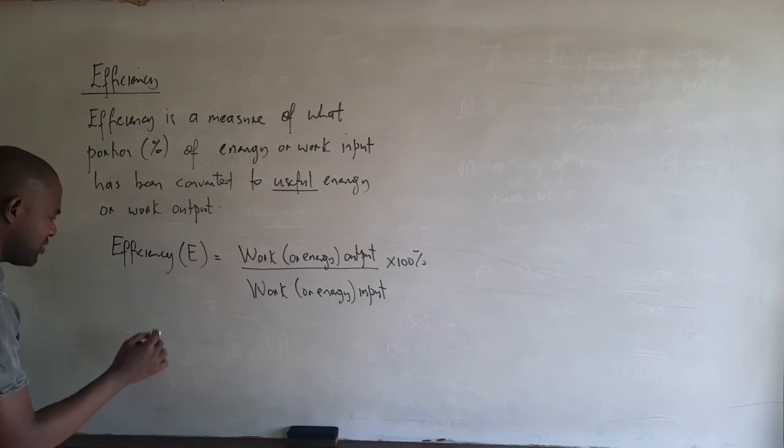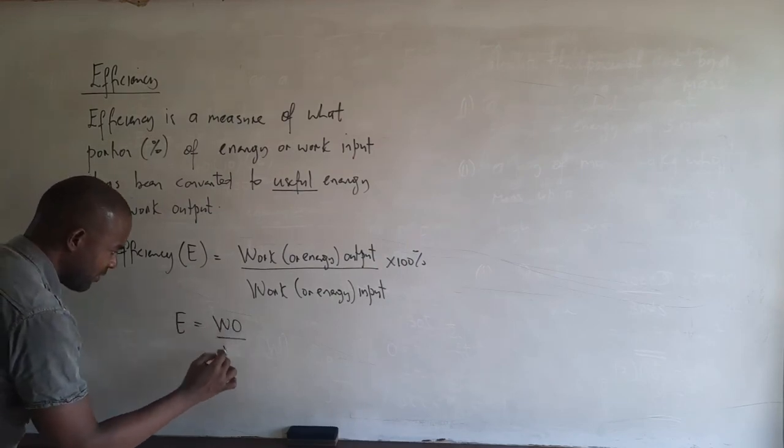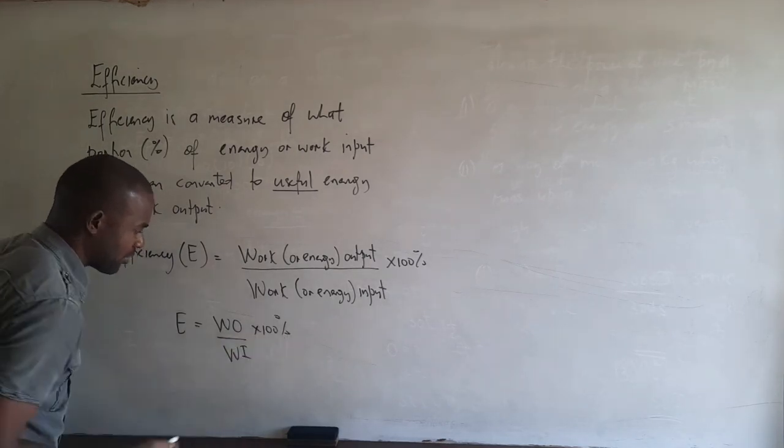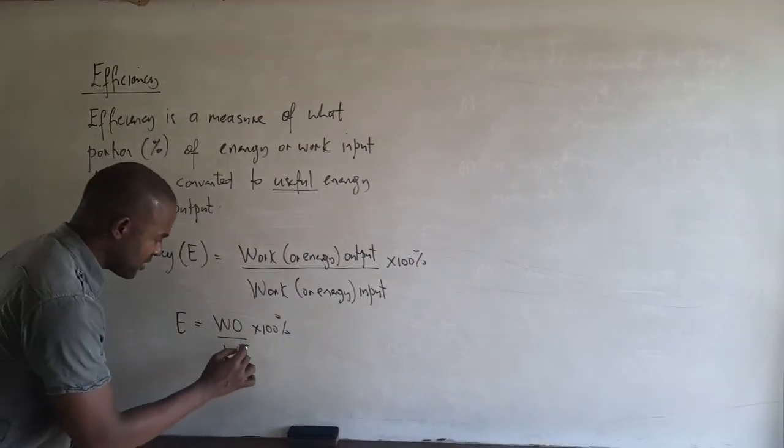So we say that efficiency E is equal to work output divided by work input times 100%, right? Or it could be energy output divided by energy input times 100%.